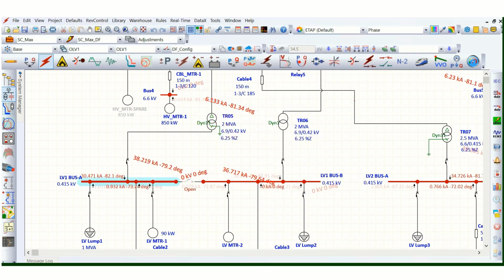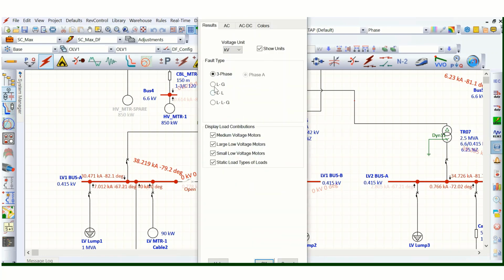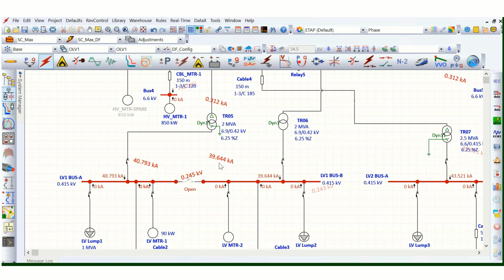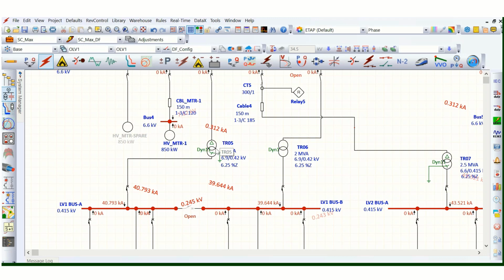You can see this is 38.219 kiloamps, and here 36.717 kiloamps. So the three phase fault current is lower than the single line to ground fault current, because if we go back to the line to ground fault current, you can see this value is much more because of the solidly grounded system.